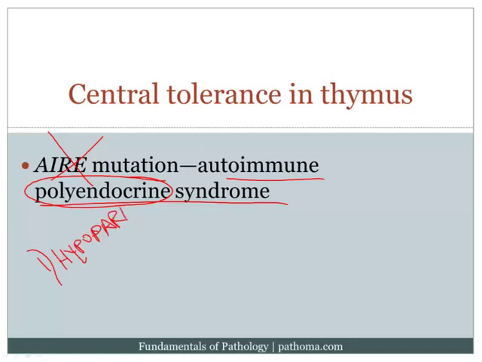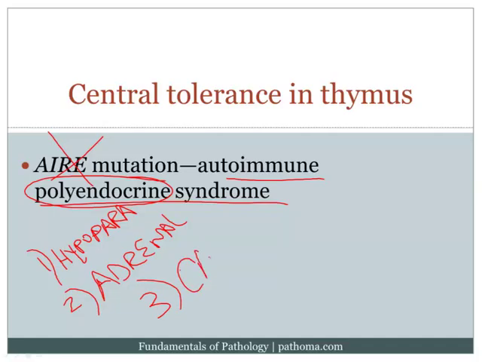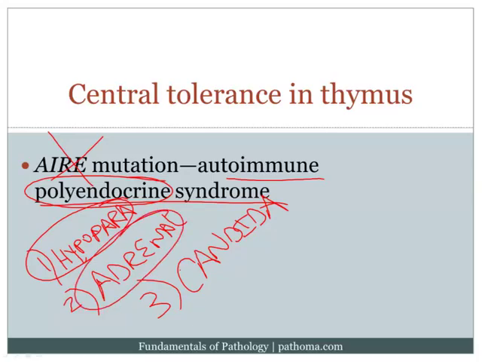The second is that the patients get adrenal failure. And the third problem is that they get chronic candida infections of the skin and the oral mucosa. So this is the triad, and so you can see here that it's due to the autoimmunity that you get destruction of the parathyroids and destruction of the adrenals that then results in this disorder.